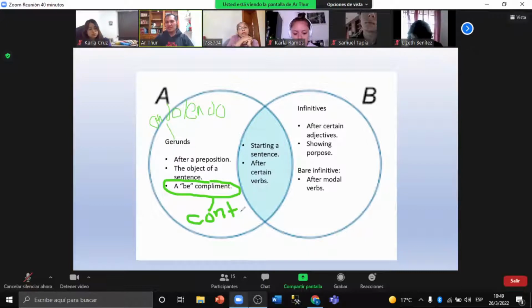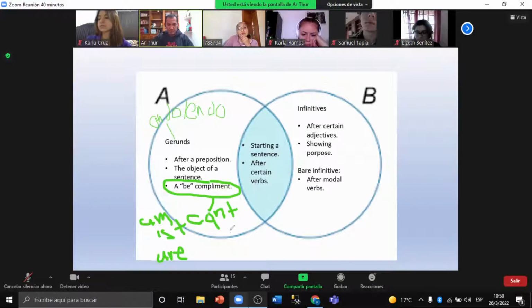Present perfect continuous and present continuous or present progressive. I am working. Why? Because first of all, you use am, is, are, and then your verb with ing.